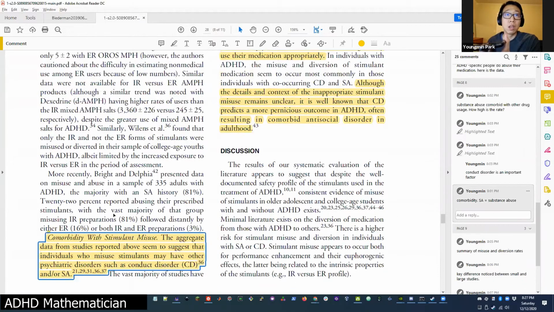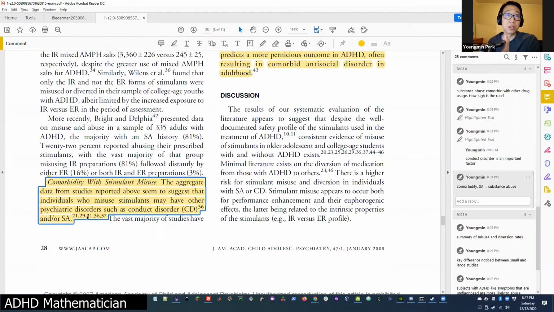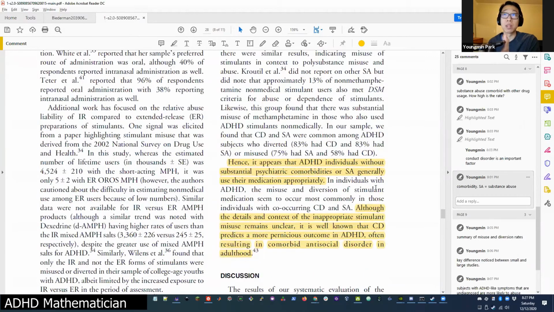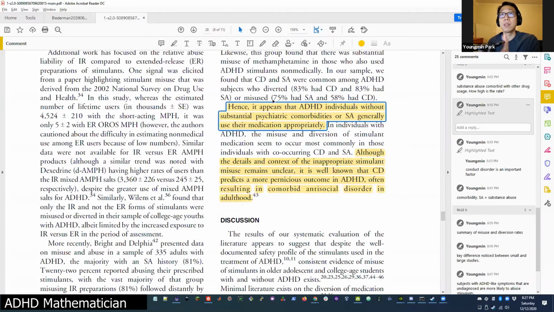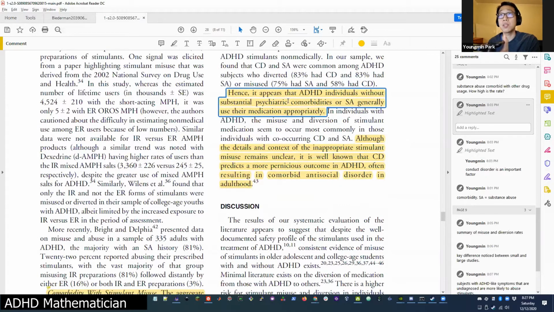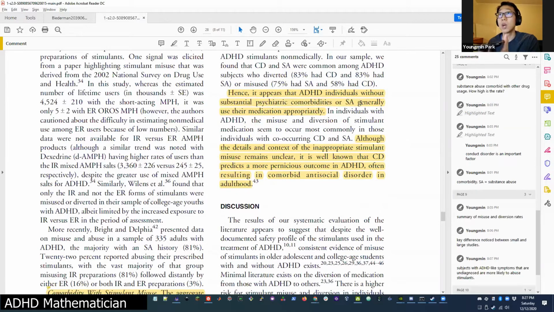Okay. And that's what this paper is studying, and there's a ton of citations that support that. All right, and they summarize saying that it appears that ADHD individuals without substantial psychiatric comorbidities or substance abuse generally use their medication appropriately. So that's good news, that as long as you have no other serious issues going on psychiatrically, then the risk of stimulant misuse is much lower.